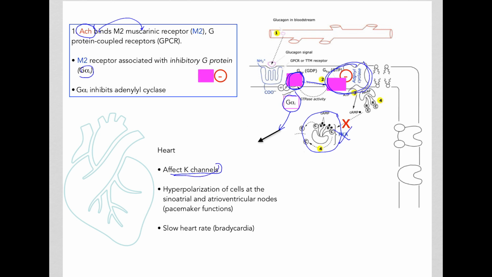By affecting these potassium channels, it is going to cause hyperpolarization, and that means the heart rate is going to slow down. So the end result of acetylcholine binding to the M2 receptors on these cells at the AV node and the SA node is that it will decrease the heart rate, what we call bradycardia.